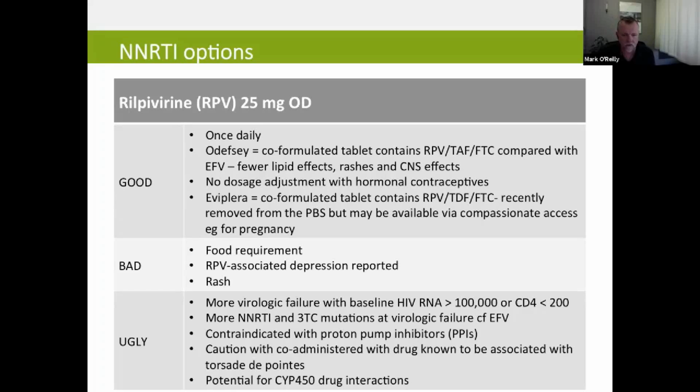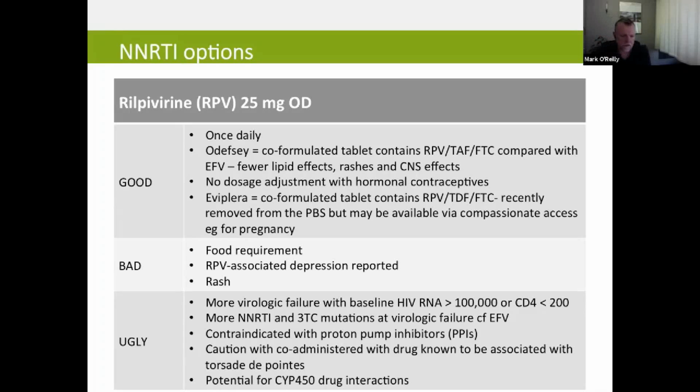No dose adjustment is required for hormonal contraceptives. It does have a food requirement, so you need to stimulate gastric acid production to ensure it's adequately absorbed. There has been depression associated with rilpivirine use and rashes also.